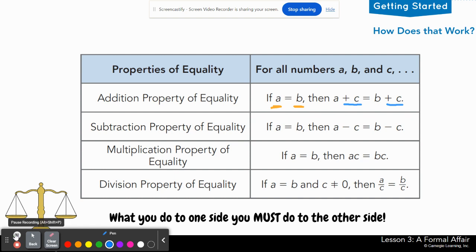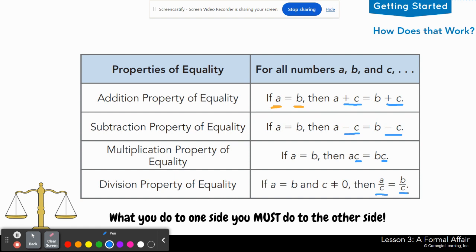And the same goes for the subtraction property of equality. If A is equal to B, then A minus C is also equal to B minus C. They subtracted C from both sides to maintain equality. And the same is true for the multiplication property of equality.